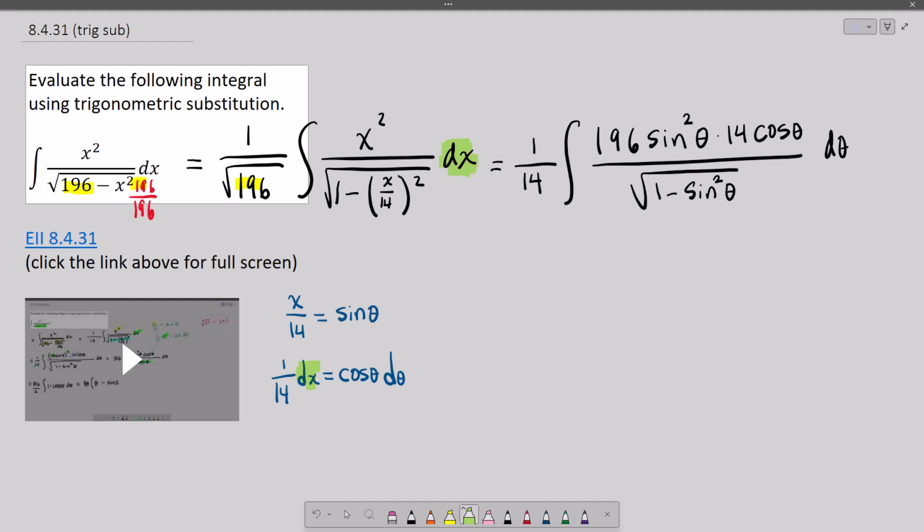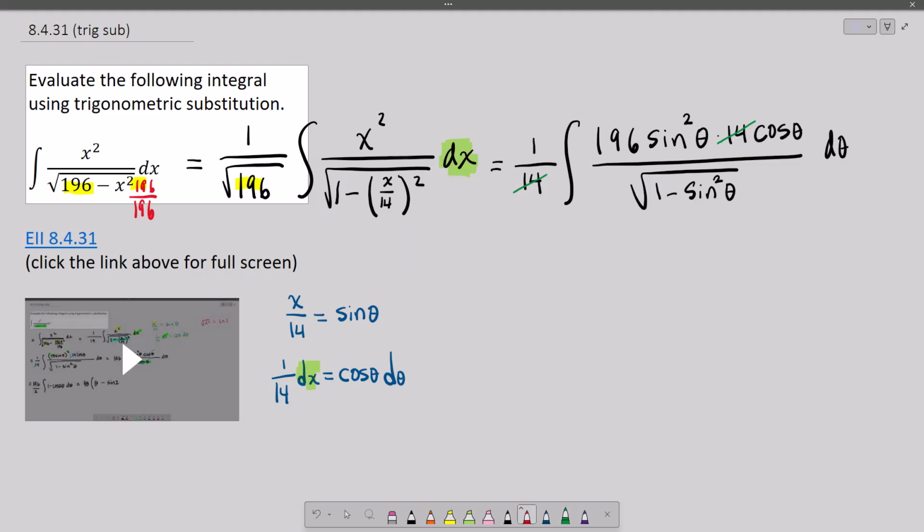Okay, there is some cancellation here. That 14 and that 14 can go away. Is it clear, or should I write in this intermediate step? 1 minus sine squared is cosine squared. Square root of cosine squared is cosine.